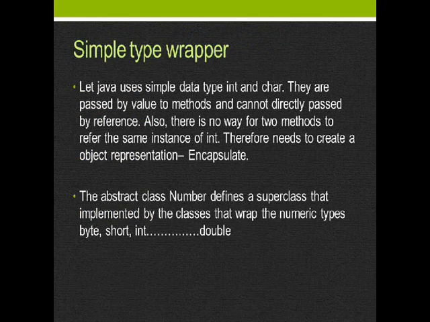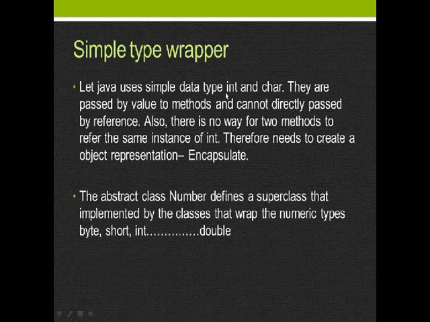Now let us look at simple type wrappers. Now what is this? Actually, in our previous video we have seen that only String is an object type and other data types are called simple data types.